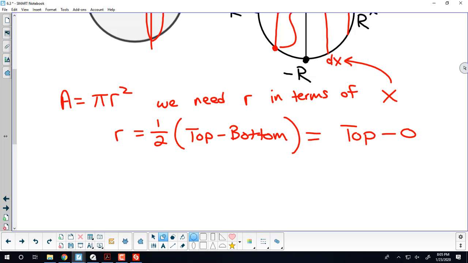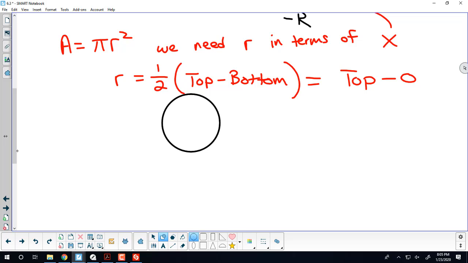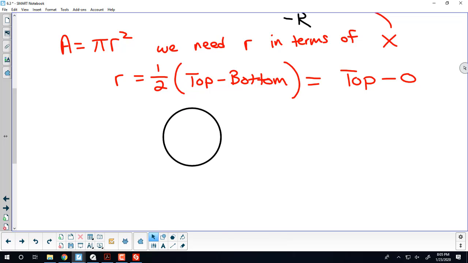Okay, so here again, when we say top, we mean from this figure here. We know that this figure is represented as a circle centered at 0, 0 whose radius is capital R. And so before we take the top minus the bottom, we're going to remember that our slices were this way, and we want everything in terms of x.